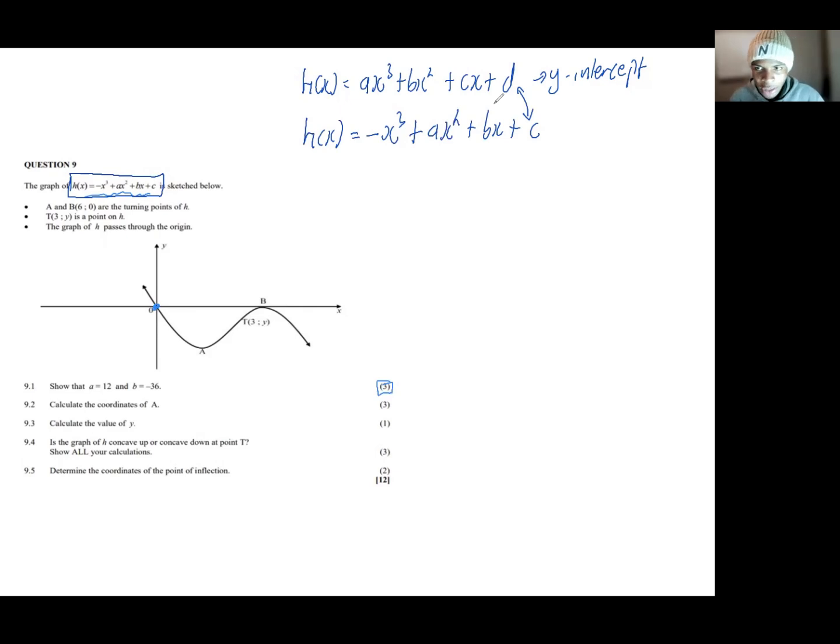Now, what is the y-intercept of this graph? We can see that the y-intercept is equal to 0, which means our c value is immediately equal to 0. But then again, in order to calculate this, we can see that we are already given the a value originally. The a value that we are trying to calculate and the b value are just the b and the c from the original.